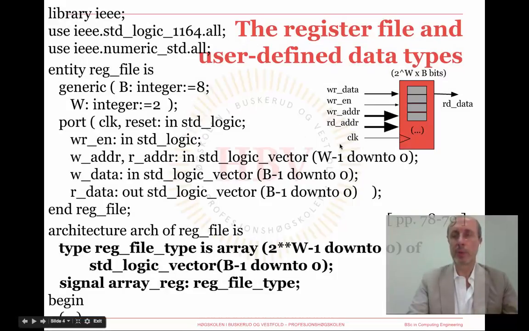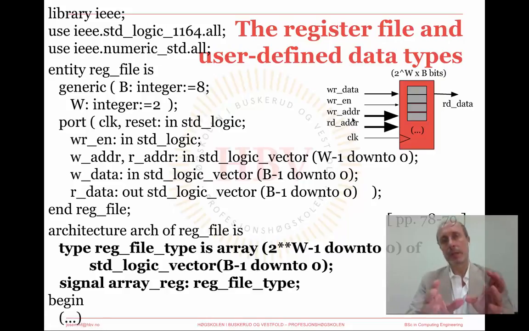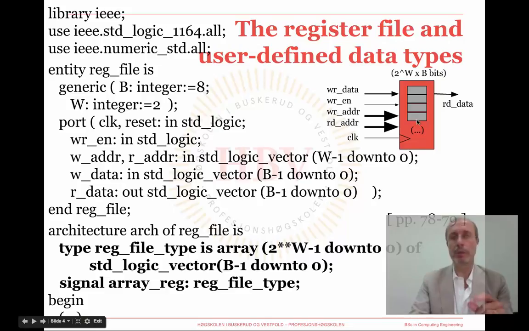Let's move on now to a more elaborate block, which is the register file. This type of block contains one input port, which is the write data bus, and one output port called the read data bus. And as indicated here, we have two address buses, and the address buses are used to select which of the various registers we want to access.